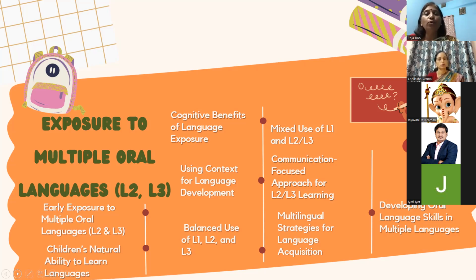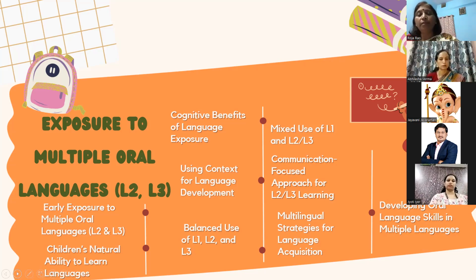And once they do that, slowly there should be an exposure to multiple oral languages, that is different languages, L2 and L3. Children at this stage, from 3 to 8 years, have the ability to learn languages, and they grasp them very easily.